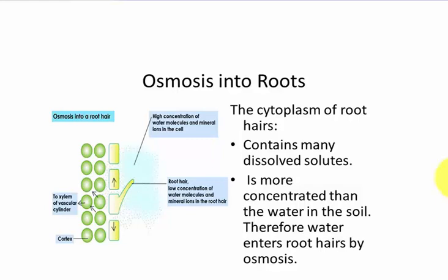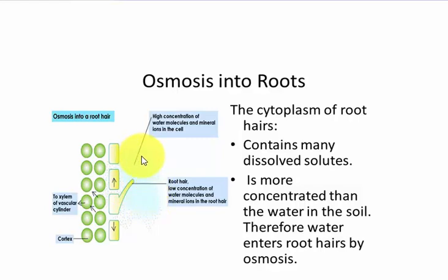Water transport in plants. Most of the water entering a plant comes in through the root hairs by osmosis. The cytoplasm of root hairs contain many dissolved solutes, so it is more concentrated than the water in the soil.